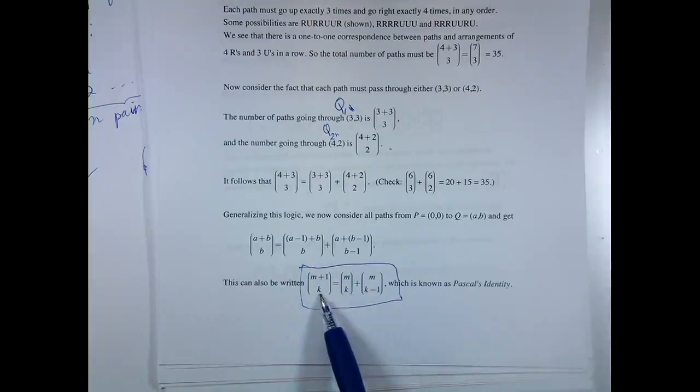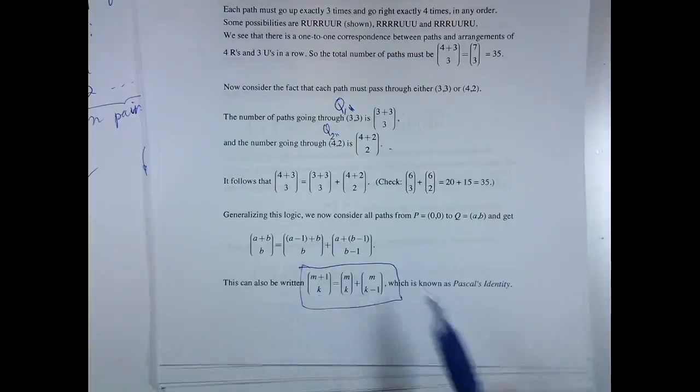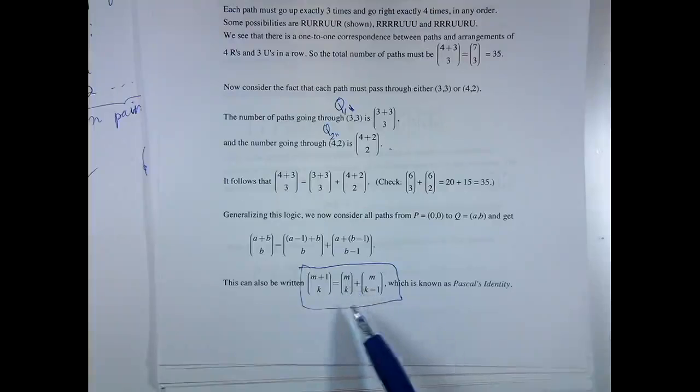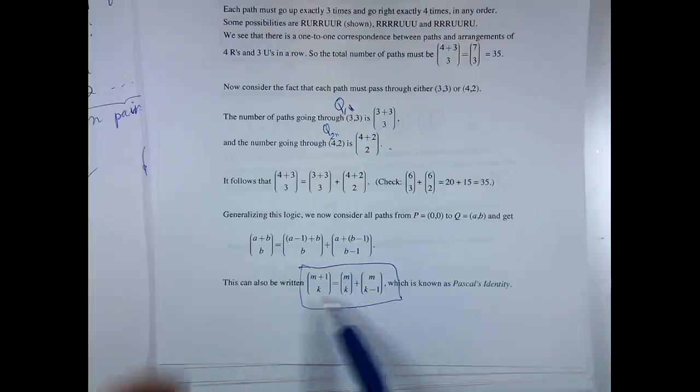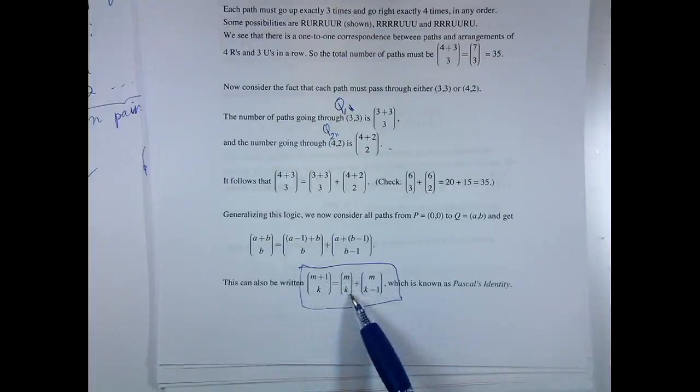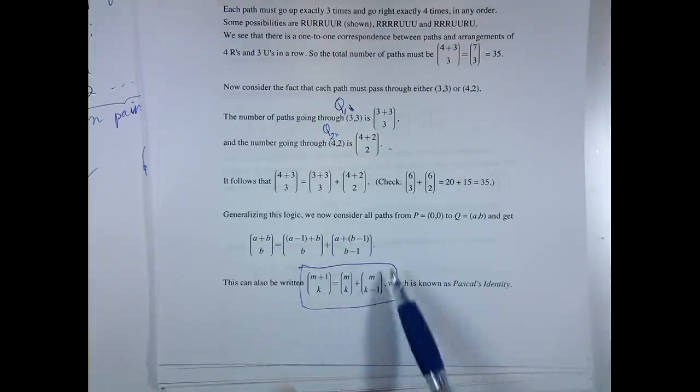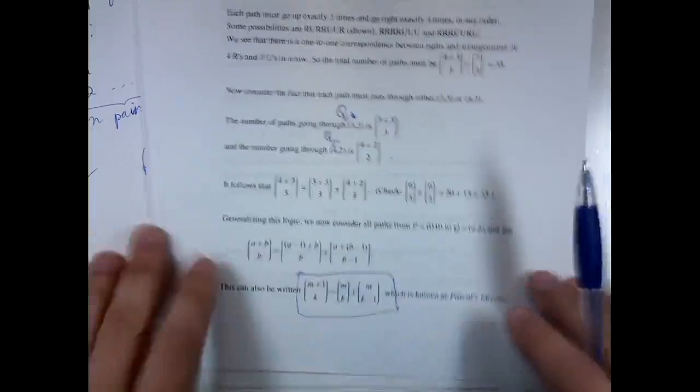I want to choose k of them. Either the special object is not in it, then you're choosing k from the m non-special objects. So you've got m blue objects and one special red object, then either you could have k that are all blue, or you could have the one red object and then only k minus 1 that are blue. So you don't have to do it through lattice paths.